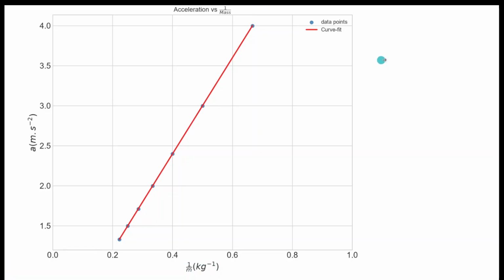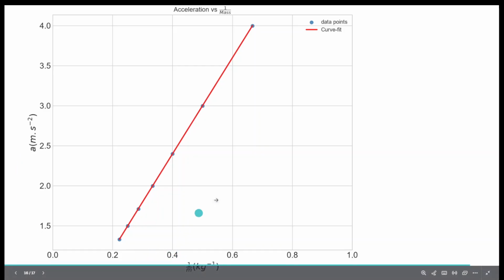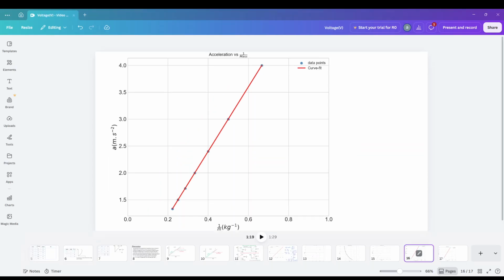And then the question: we wanted to determine the net force. So we have this acceleration versus 1 over mass. It forms a straight line, and now we are able to determine the net force as follows.